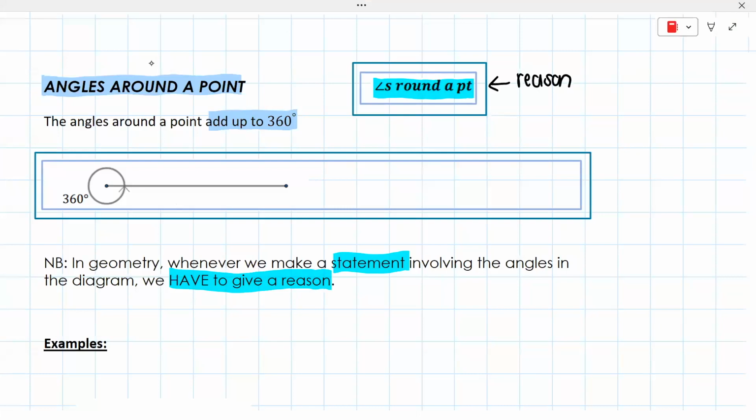As we go along, I would maybe have a separate piece of paper somewhere. You need to be writing down all of these geometric reasons that we are going to work with, because these are the ones that you're going to use from now all the way up until matric. So you need to know them and you need to be able to apply them. I'm going to wait here in case you want to take a screenshot of that, but then we're going to have a look at some examples of how we apply this.